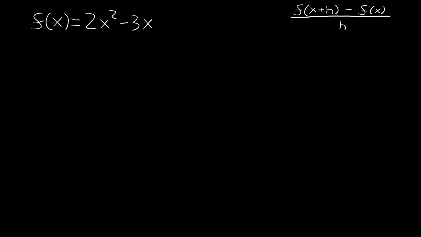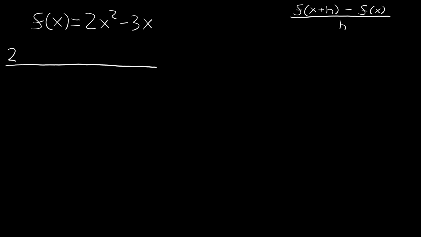So for this problem, the first step will be to plug everything in. So from our definition, we have f of x plus h minus f of x. So for f of x plus h, we are going to plug in x plus h everywhere we see x in our function.